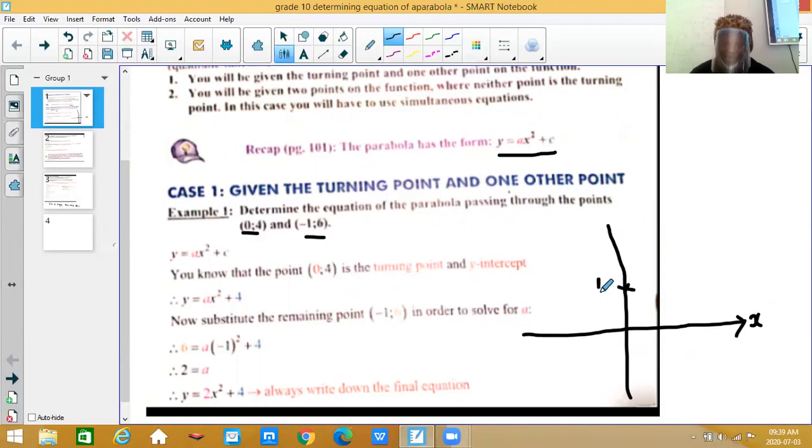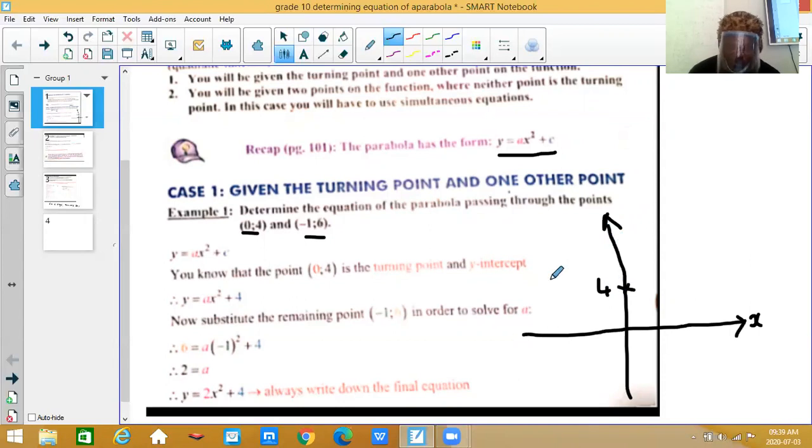We can have our 4 here, simply because in grade 10, our turning point will always be on the y-axis. If you get a value of x where the x is 0 and the y is something else, that is our turning point.